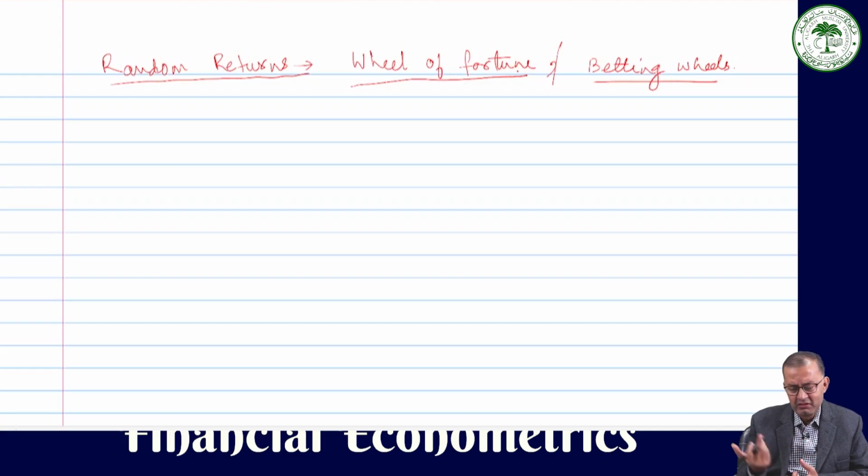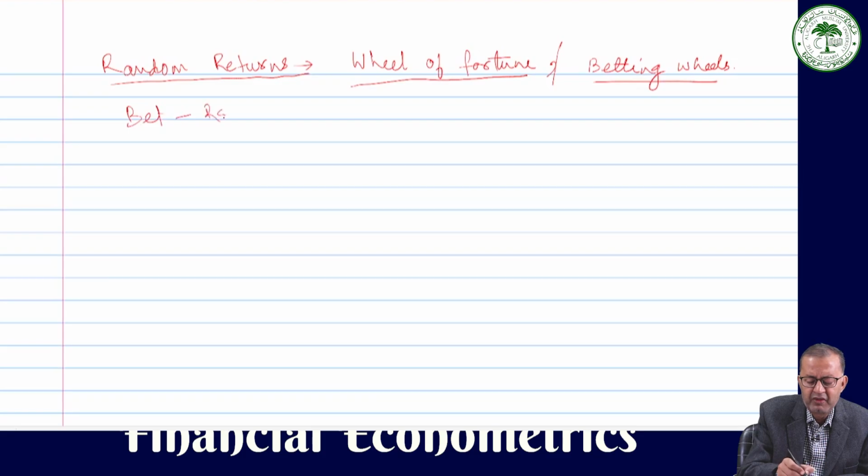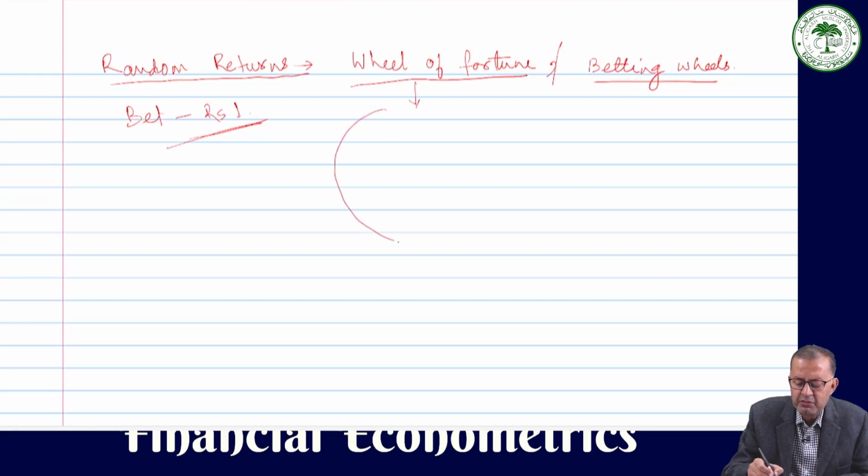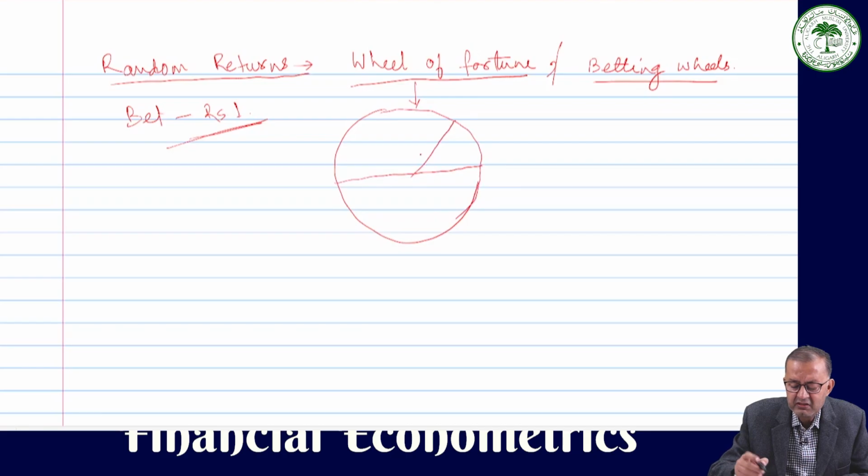When the wheel is spun, what will be the amount of return of the bet? Suppose you bet a certain amount, rupees 1, on the spin. So what will be your return? That is mentioned on the particular area of the wheel. Normally under the wheel of fortune, suppose this is the wheel of fortune, the area is equally divided.